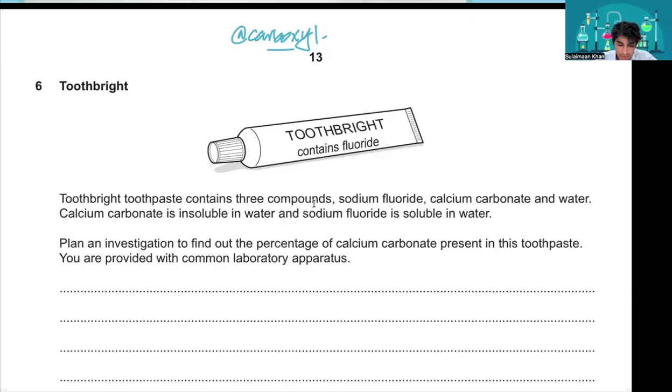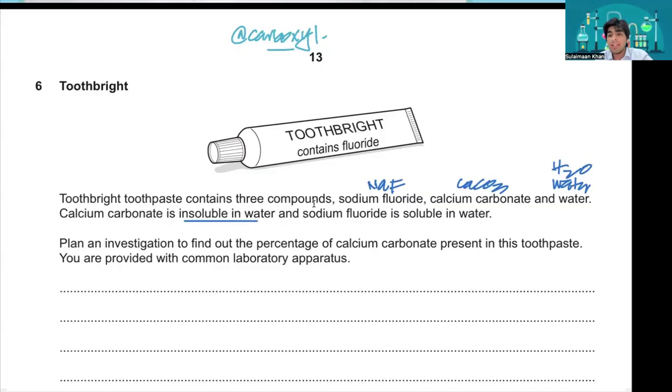Okay, let's start. It says toothbright is a toothpaste that contains 3 compounds. It contains sodium fluoride, NaF, and calcium carbonate, which, by the way, is insoluble, and it has water, H2O. This calcium carbonate is insoluble in water.